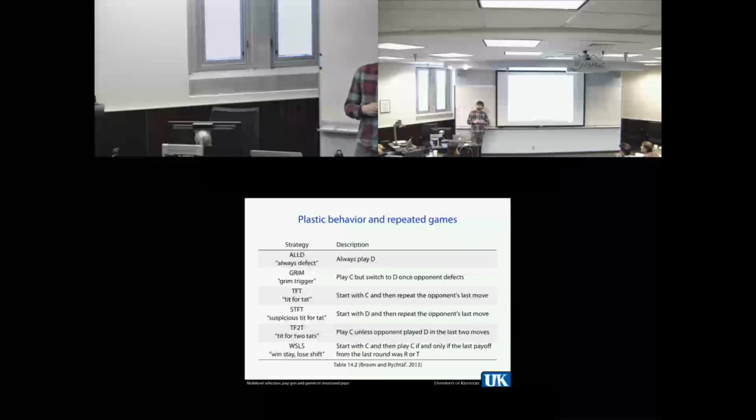This is an example of some common strategies that people have studied in the evolutionary game theory literature. One could decide to always play the same strategy over and over again. One could start off playing a cooperate strategy, but then defect forevermore if their partner decides not to cooperate and defects, and so on.